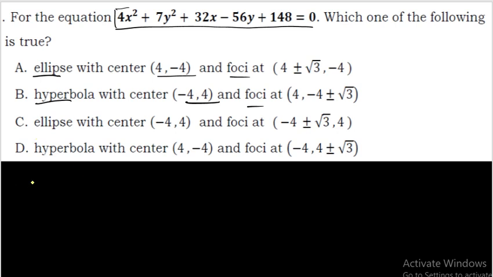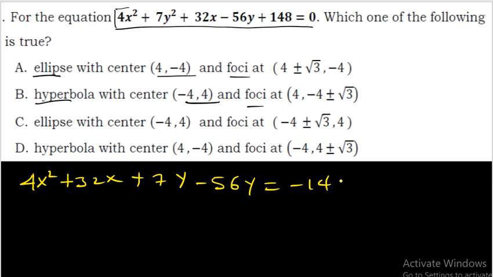For that purpose, let's collect the x's together. So x squared plus 32x plus 7y squared minus 56y is equal to, taking the constant to the other side, negative 148. 148 is taken to the other side.